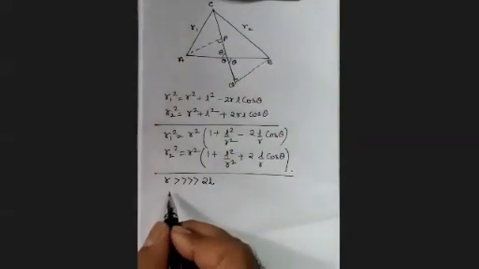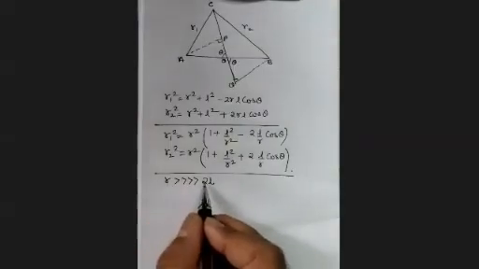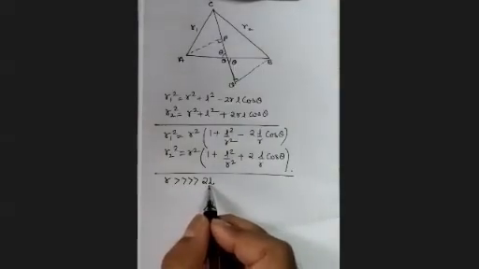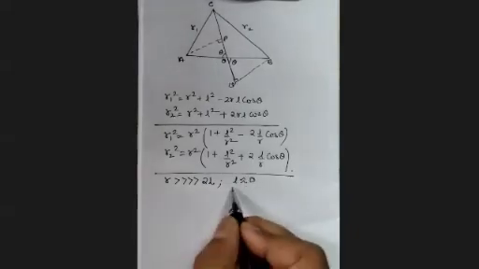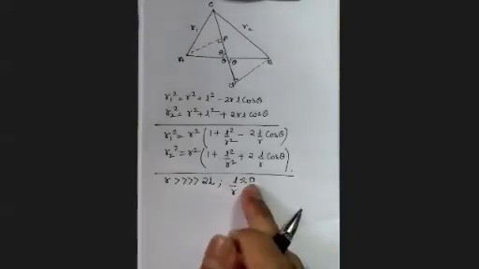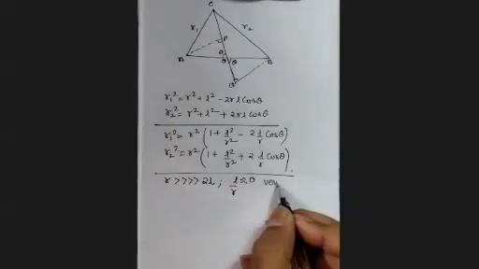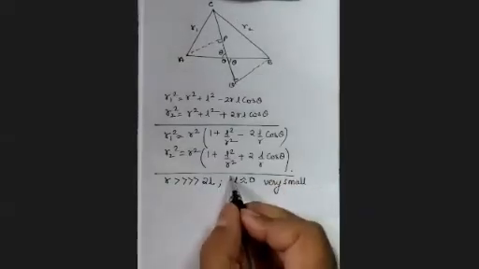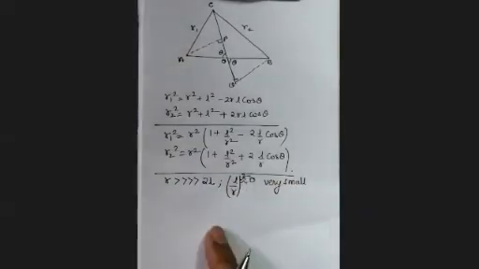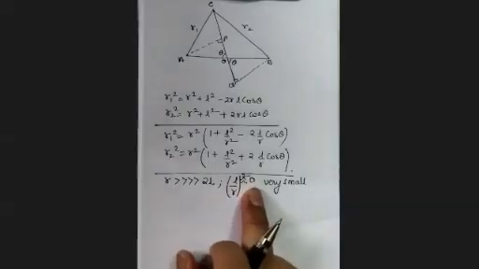So you can say that if r is very much greater, तो आप इसके अंदर L upon R को निग्लिजिबल मान सकते हो, क्योंकि L upon R is approximately equal to 0. So L upon R is very small. तो उसका स्क्वायर तो और छोटा आएगा. So it will be considered as 0.